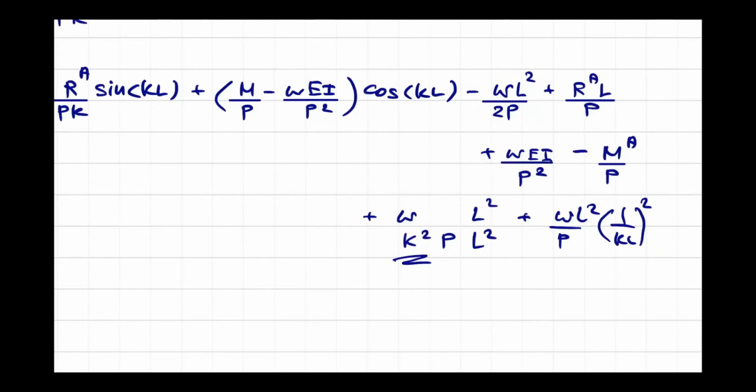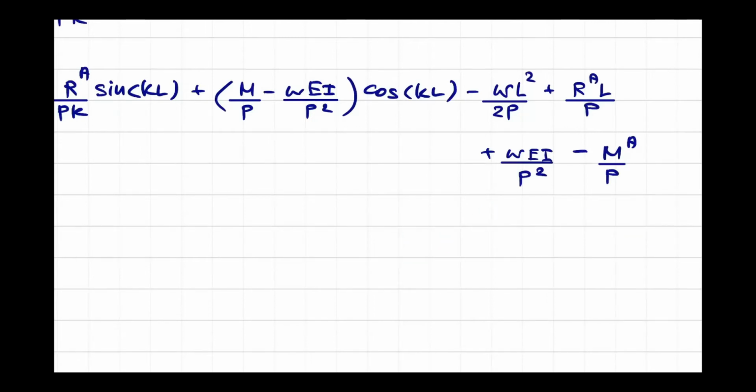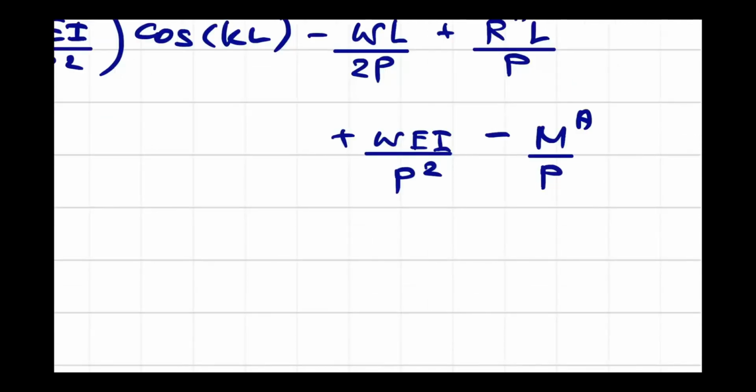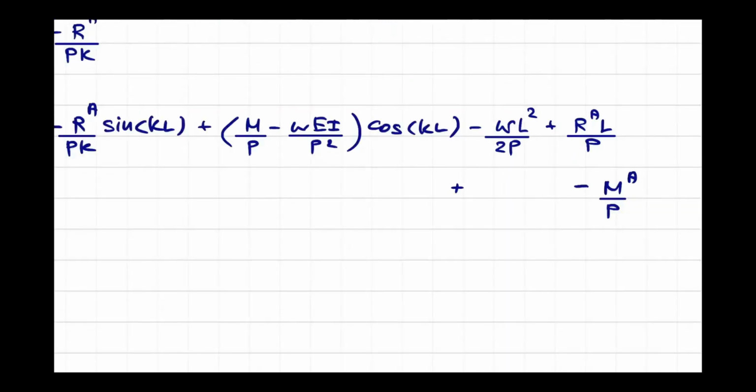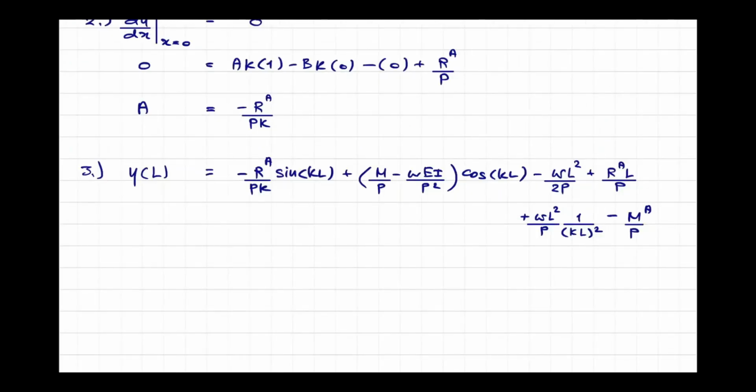Okay, so we agree to change this to WL square over P times 1 over KL square. Okay, nice. This looks good.